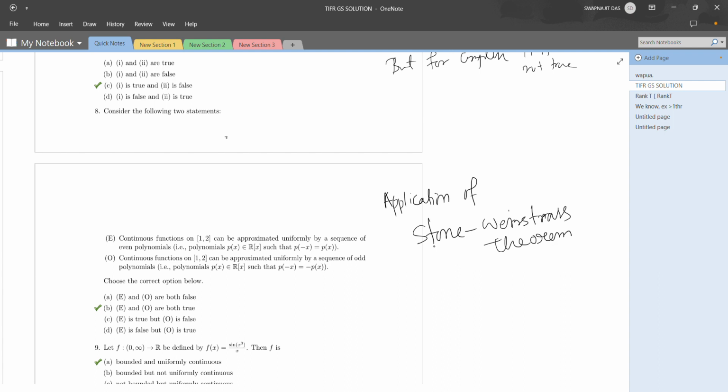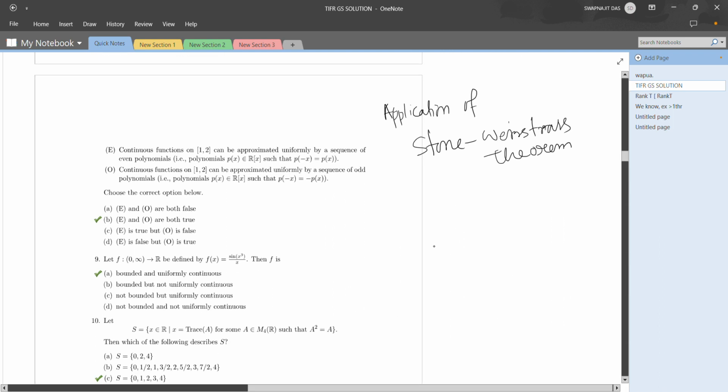I will make a different video particularly for Stone-Weierstrass theorem, and this problem will be the application of it in that video. But you can just search in Google and you will get an idea how to solve this.